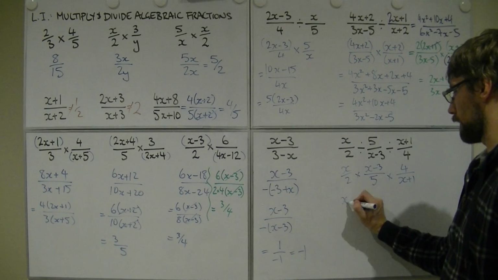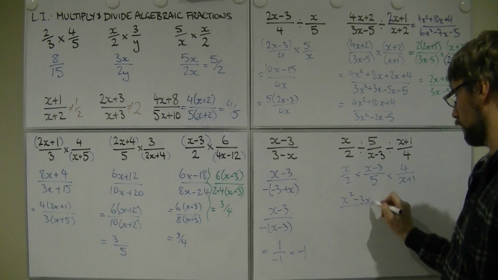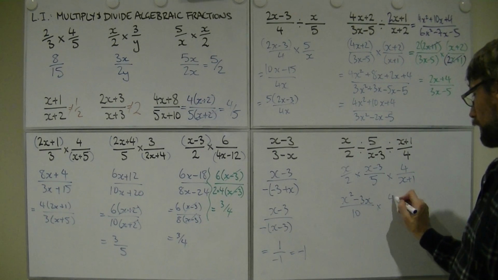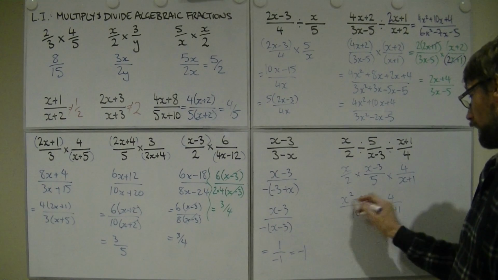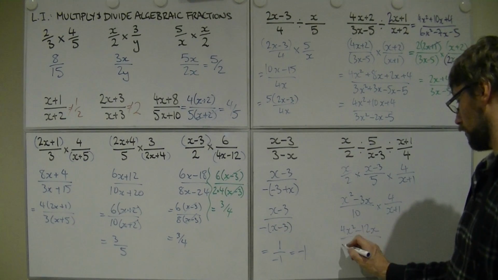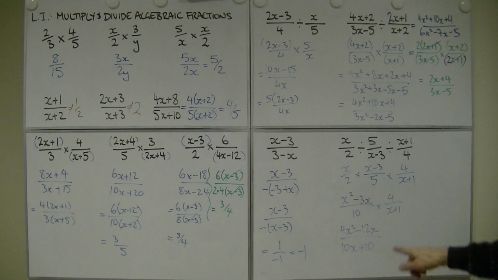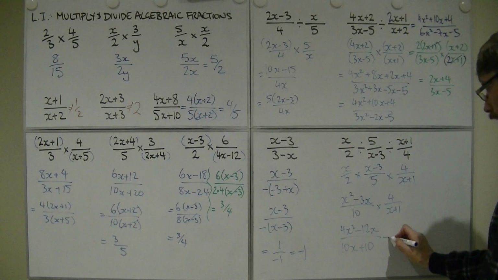So I've got x squared minus 3x all over 10, multiplied by 4x plus 1. And then this by this, 4x squared minus 12x all over 10x plus 10. Beautiful. What you might notice at this point, oh, hang on, I could factorise some stuff.